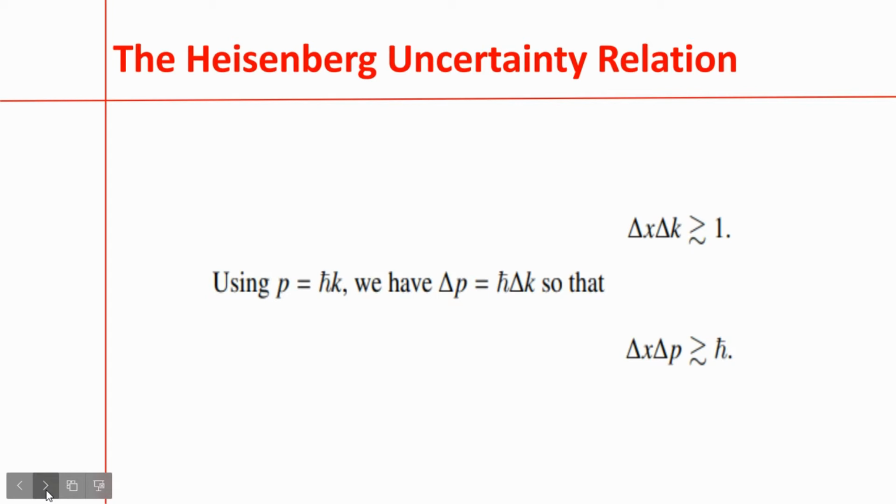The quantities delta x and delta p are known as uncertainties, and this relation, as you are seeing on the screen, is known as the Heisenberg Uncertainty Relation for position and momentum.